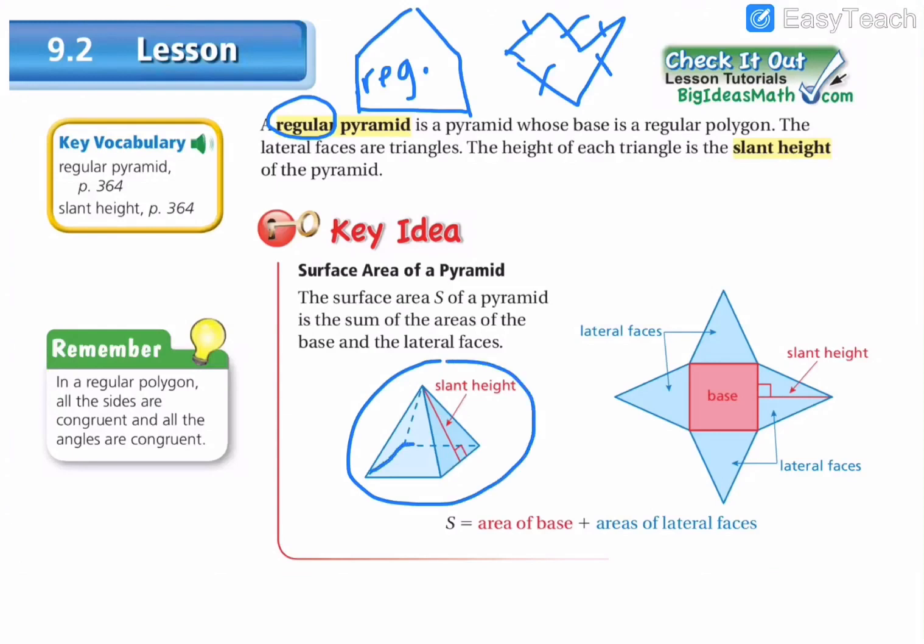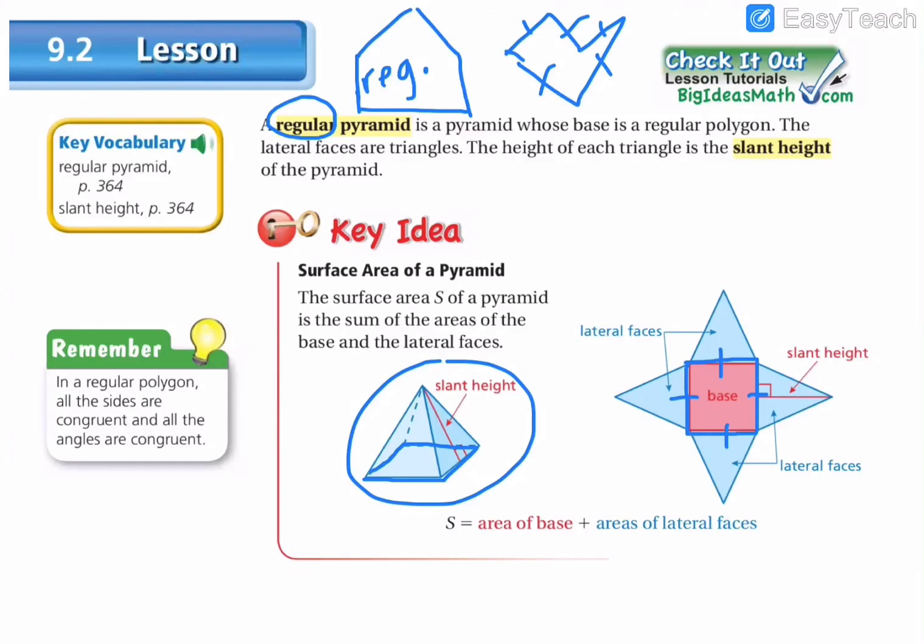It looks like a parallelogram because of the view that you're looking at it, but if you look at it from above, where they have basically unfolded it, it's a square. So we call it a square pyramid, and what we know about a square is that all of the sides are the same. Even if this was a pentagon, we would know that all the sides are the same, because in order for a pyramid to close up correctly, the sides have to be regular. They have to be the same thing.